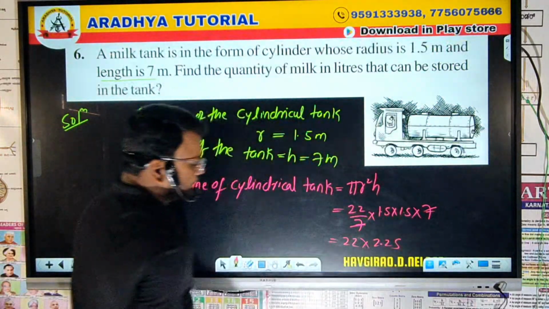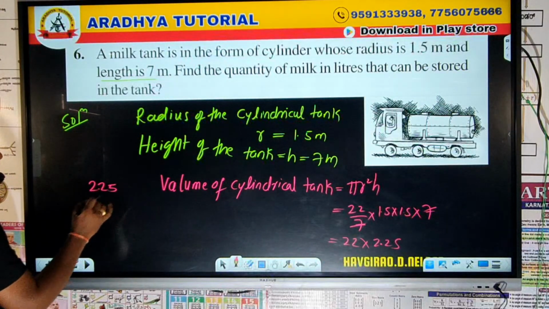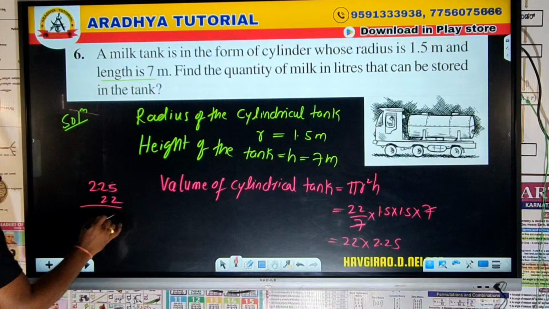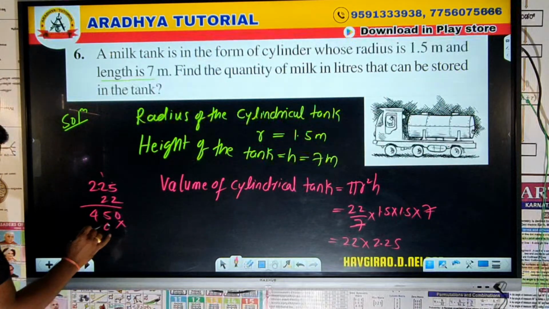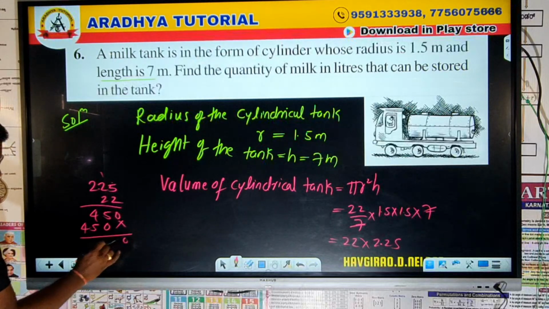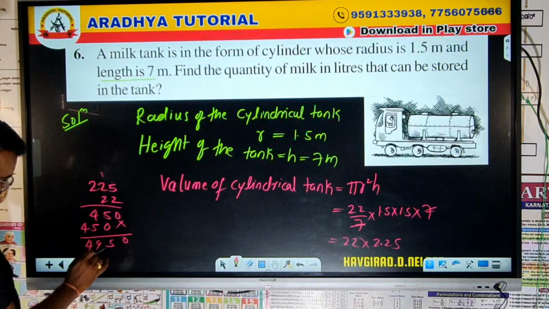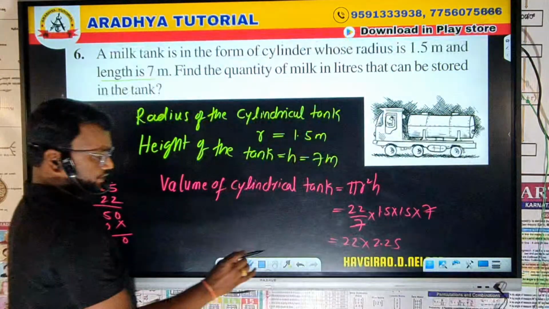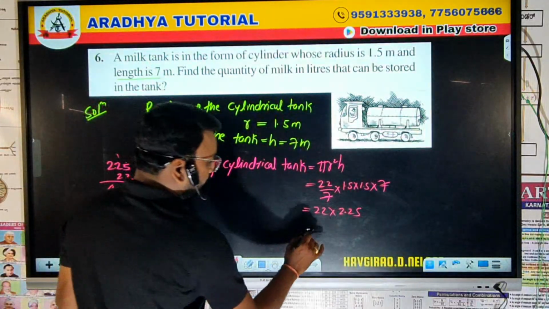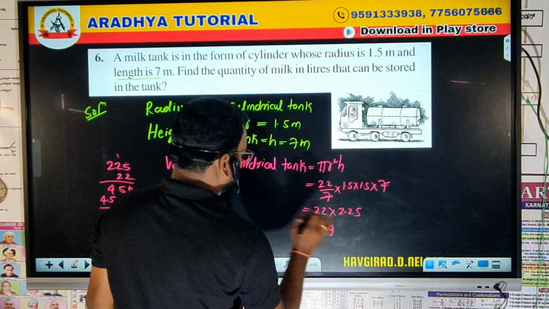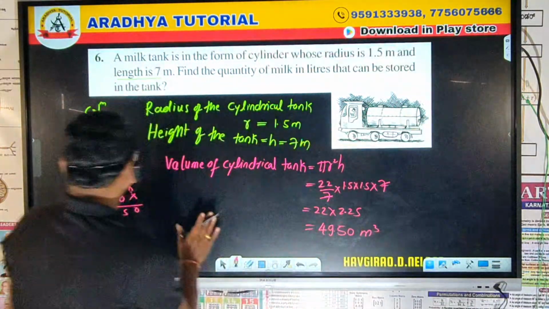Multiply here 2.25 into 22. 2 5s are 10, carry 1, 2 2s are 4, 5, 2 2s are 4. After 2 decimal places, that is 49.50 meter cube.